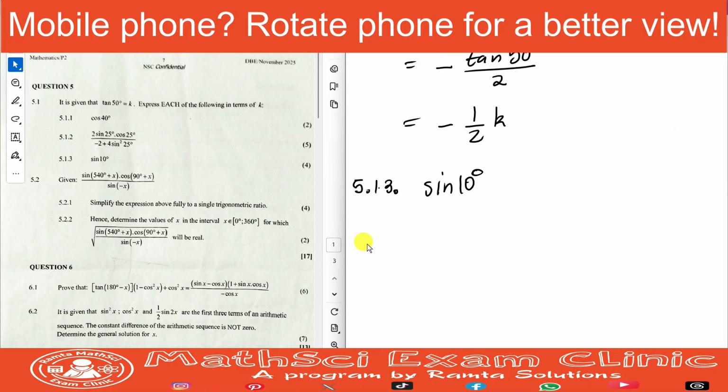So this is the same as sine of 50 degrees minus 40 degrees. Remember, you can also say 60 degrees minus 50 degrees, and 60 degrees will be a special angle. All right, good, perfect.